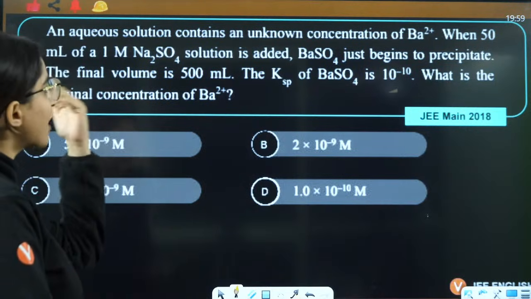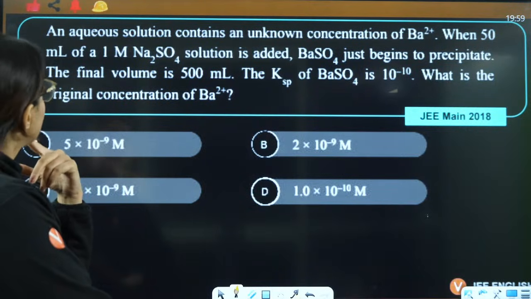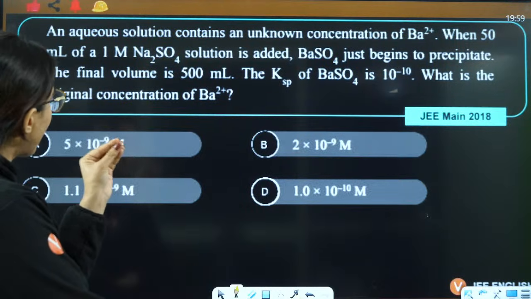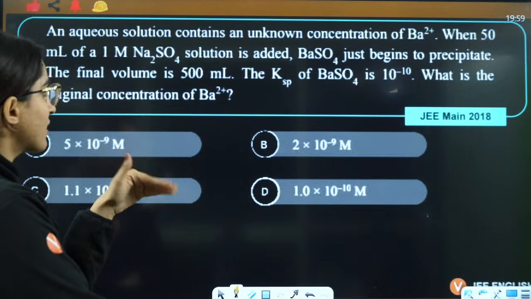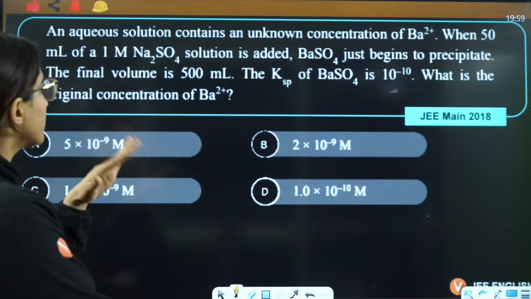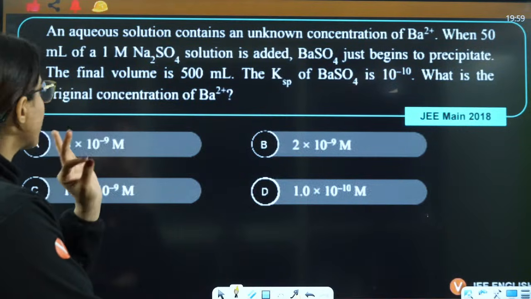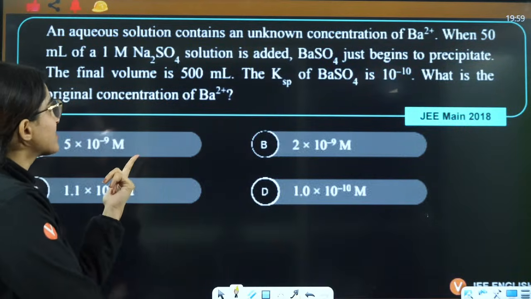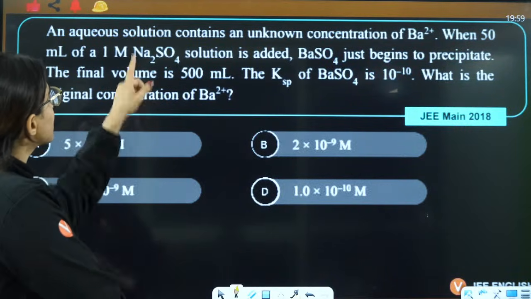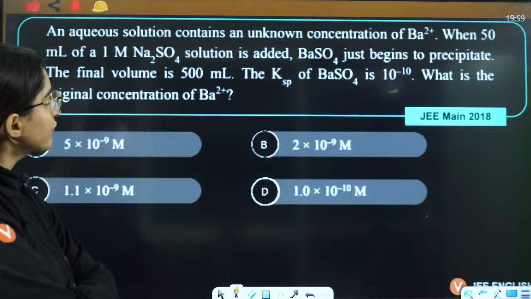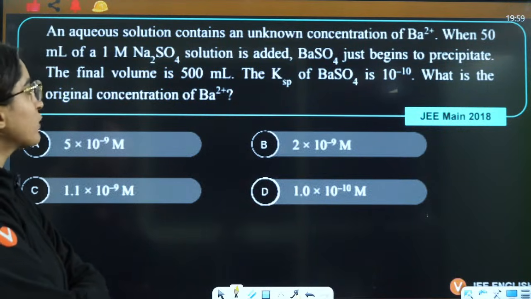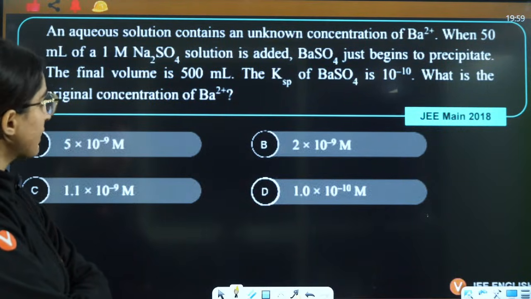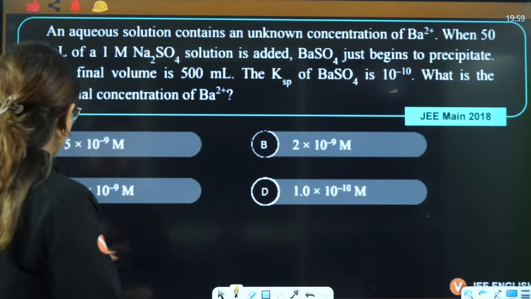That means it starts moving in the backward direction. Right. The final volume is 500 milliliters. Ksp of BaSO4 is given to you. What is the original concentration of Ba2+ ions? Okay. Now you will assume the original concentration, right? This is the common ion that you have, and the Ksp value is given to you. Okay, let's do it, you can do it.